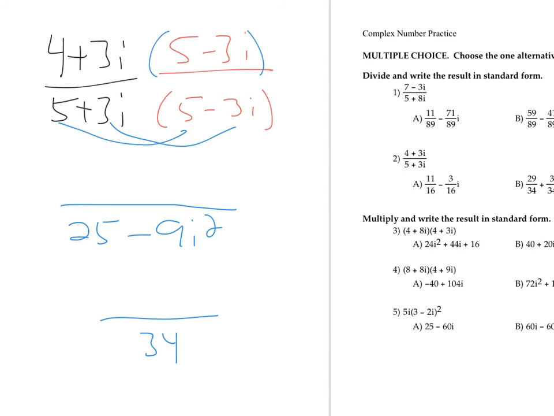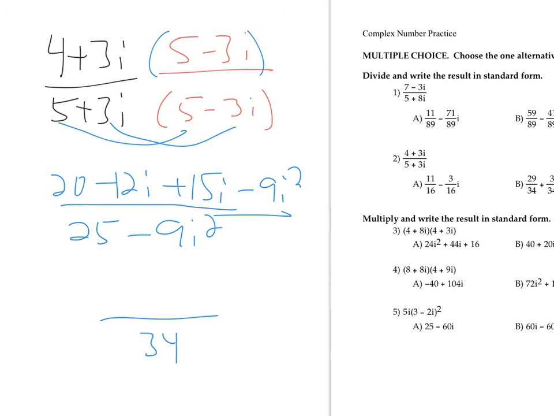And the numerator, let's see, what am I going to get? I'm going to get 20 minus 12i plus 15i minus 9i squared. And let's see, so I hope you followed that. There's where I got the negative 12i from, and the positive 15i, and then the negative 9i squared.